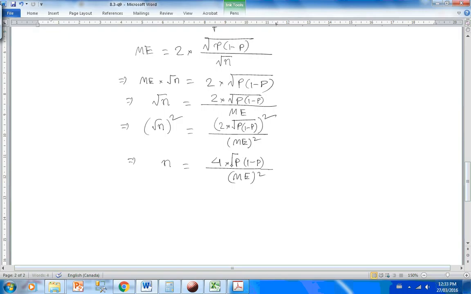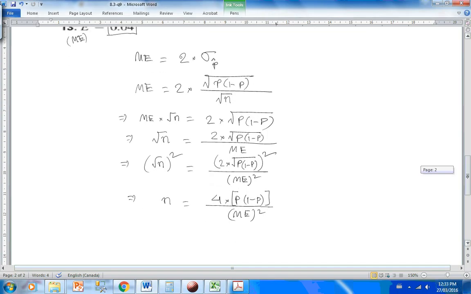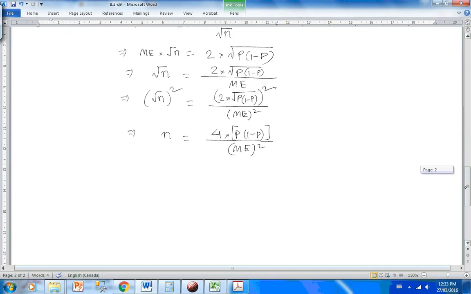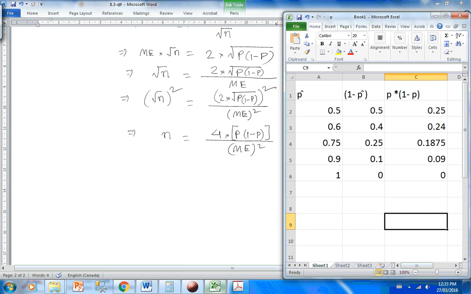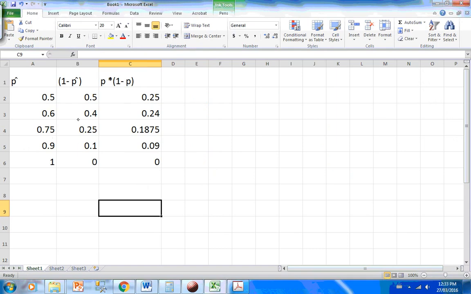Now we have to modify this a little bit because the question did not give us any value of p or p hat. We however know that the product of p times 1 minus p can never be bigger than 0.25. Let me show you some example proportions. In this file, I took some imaginary, arbitrarily chosen p hats and 1 minus p hats.